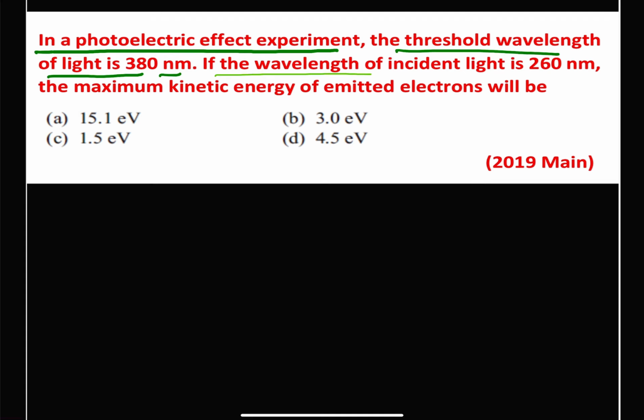If the wavelength of the incident light is 260 nanometer, the maximum kinetic energy of emitted electrons will be. So we are given the threshold wavelength as well as the incident wavelength.